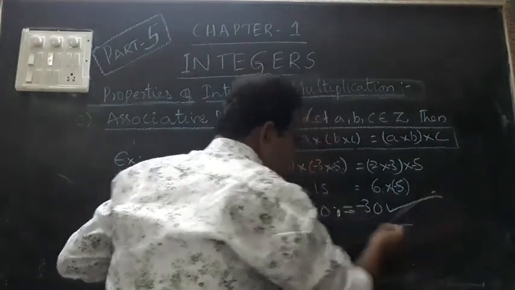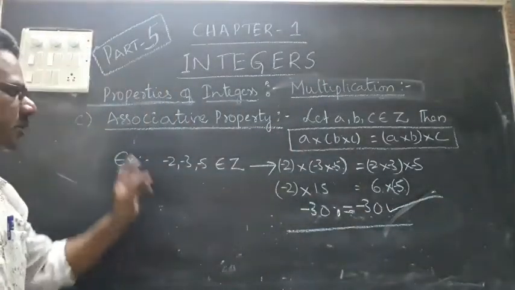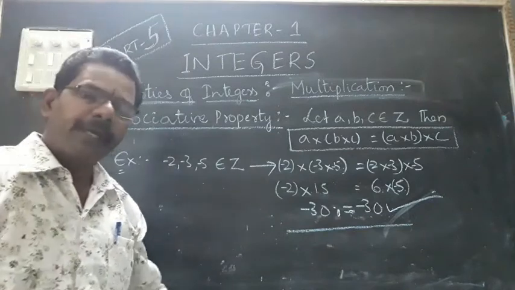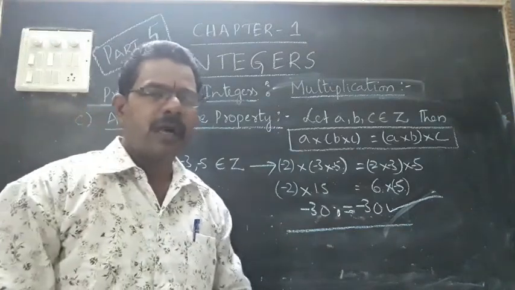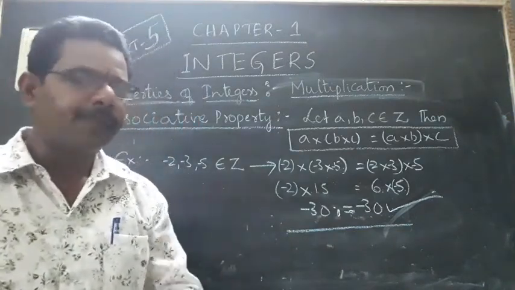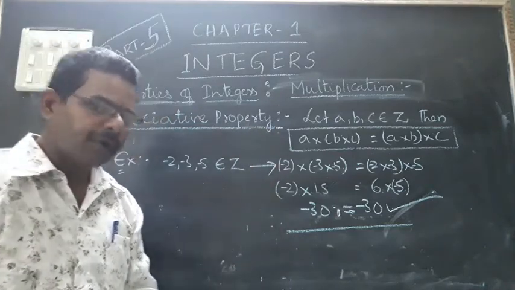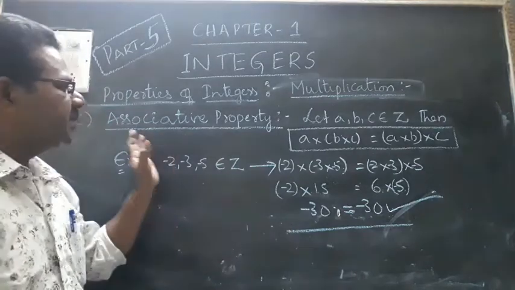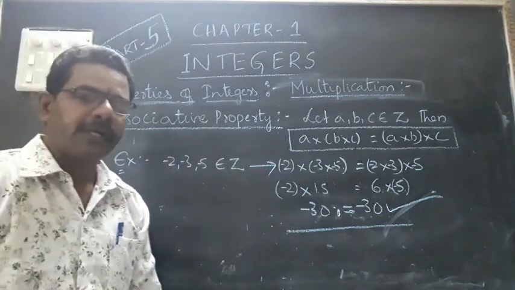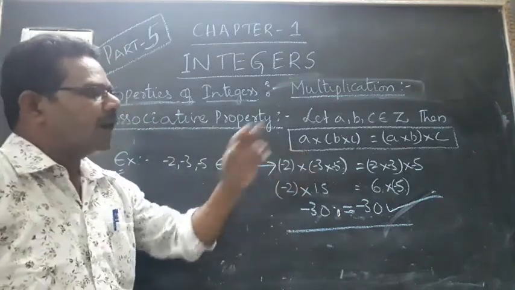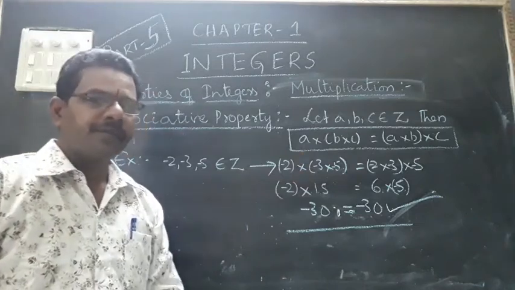So here also it is following the associative property. That means for positive integers or negative integers, any type of integers, this associative property will be following. Okay. So from this we can say associative property is following under multiplication in the set of integers.